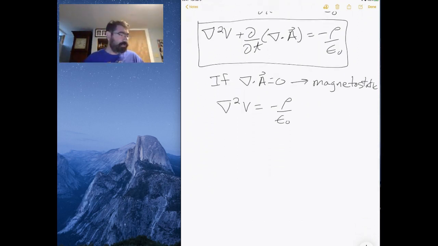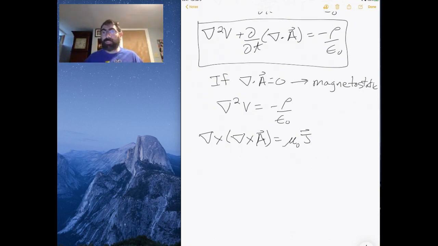So let's now substitute into Maxwell's fourth equation, the Ampere-Maxwell equation. So the curl now of the magnetic field becomes the curl of A, our vector potential, which is equal to mu0 times our free current.